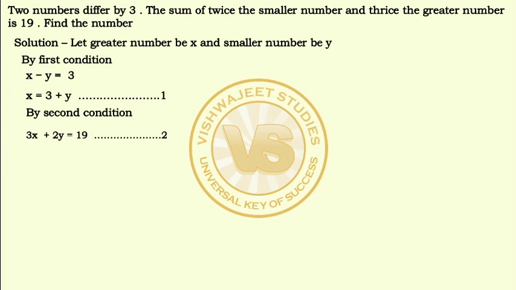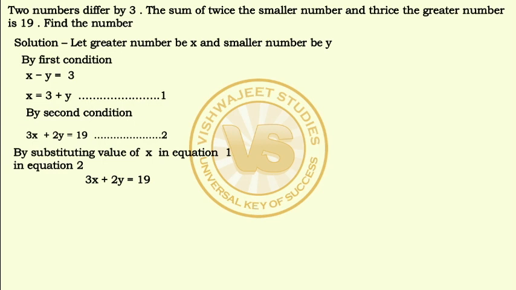By substituting the value of x from equation 1 in equation 2, we have our second equation 3x plus 2y is equal to 19. Instead of x, we are going to substitute the value 3 plus y. It is a binomial, so write it in brackets.